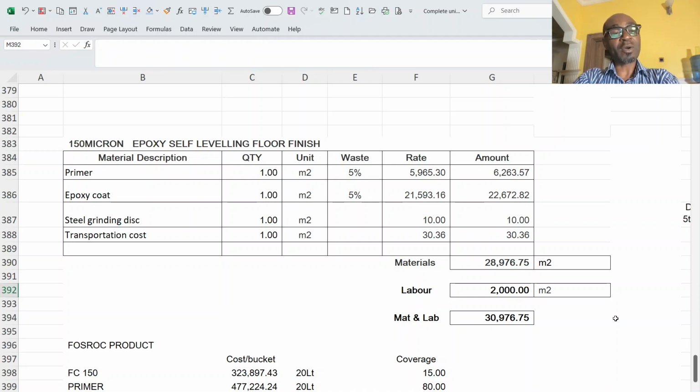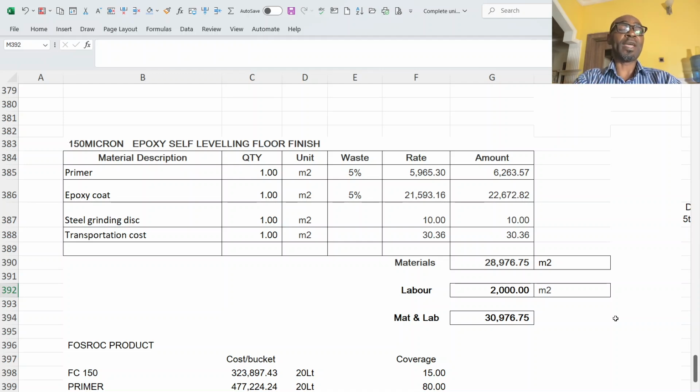If it is 100 micron, if it is 150 micron, if it is 250, if it is 300 micron. And like I said, depending on the usage, if you are applying epoxy in a factory where there is heavy equipment movement, it is expected to be thicker in terms of micron.